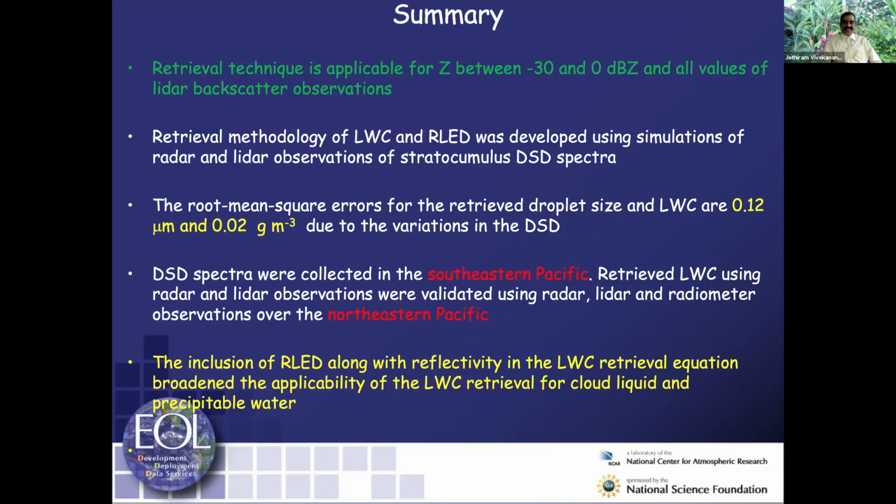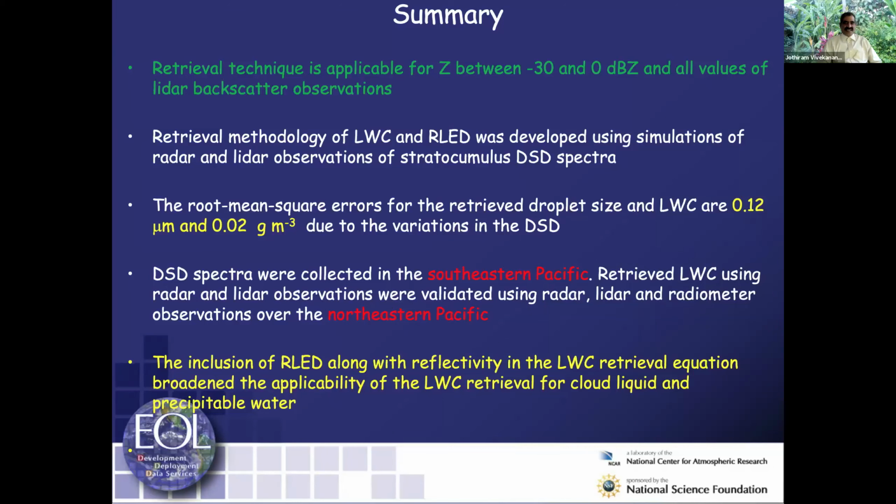Compared to current techniques, where liquid water content estimates using relations that exist in the literature have about 50 to 60% error, our RMS error is much lower, less than 15 or 20% for liquid water content. And the technique is independent of geography or where you do this.